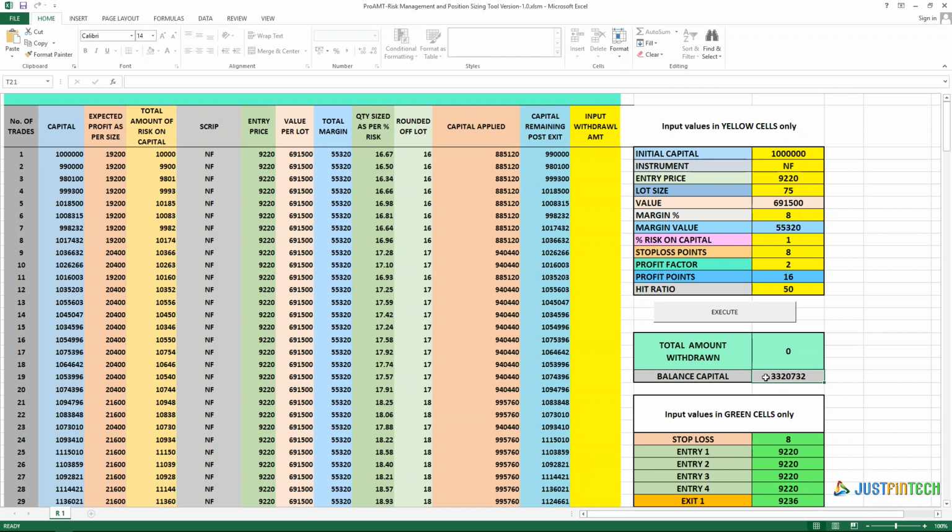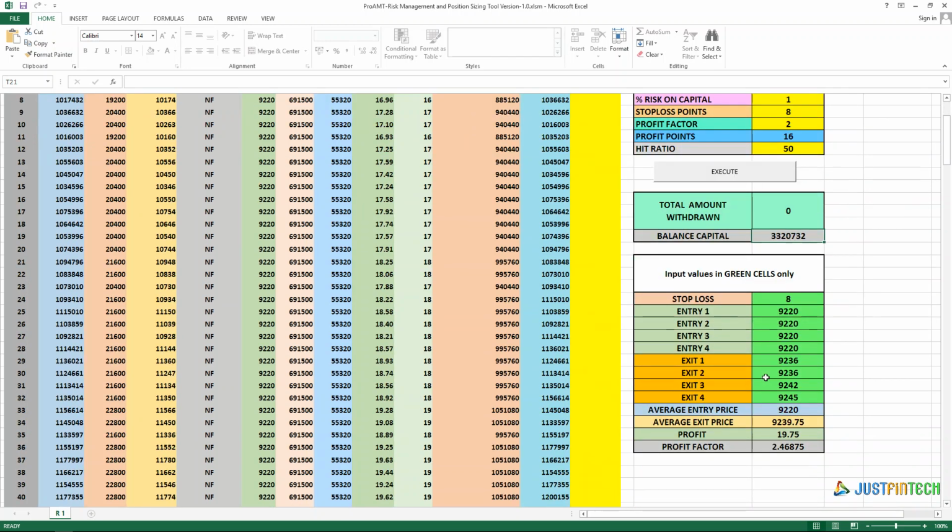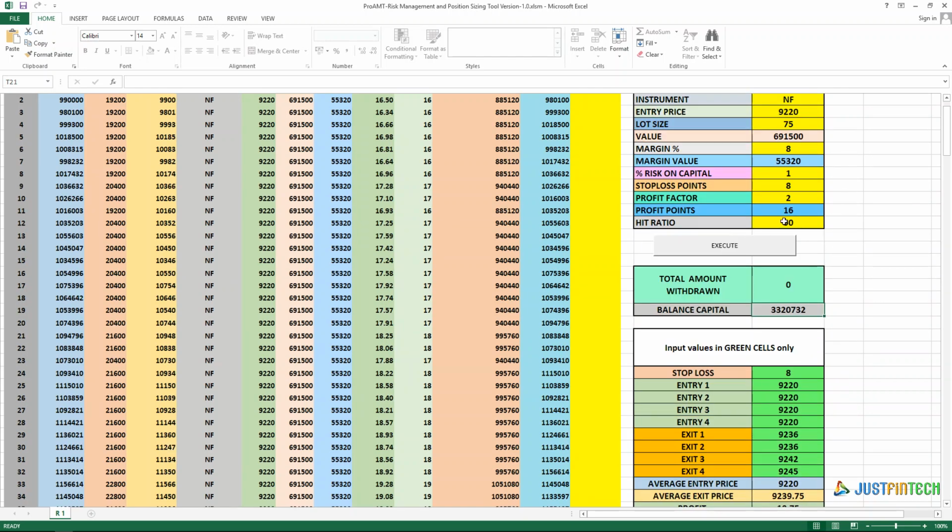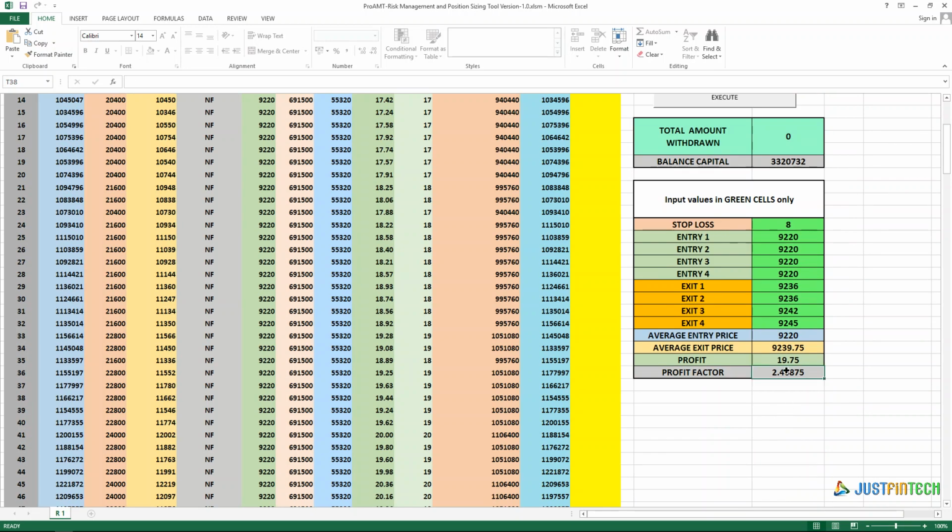But for a 75 lot size, when you are taking multiple exits, even a 2 point change would completely change your system, your profits would completely change over a period of time. Let's see an example that you had a hit ratio of 50 and your profit factor is, let's say, 2.47, which we have calculated here.